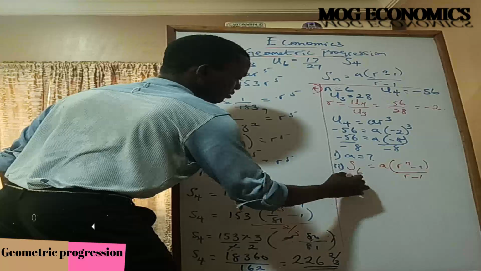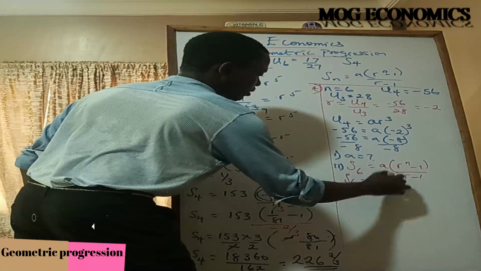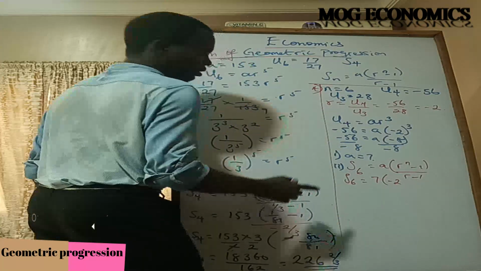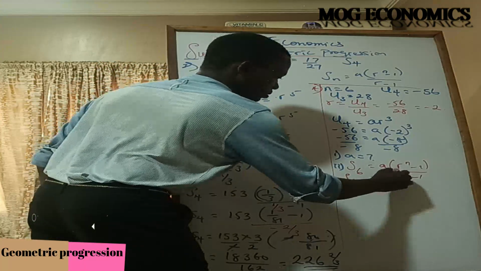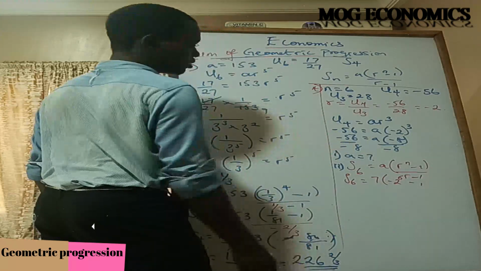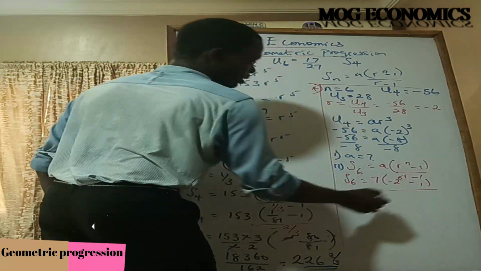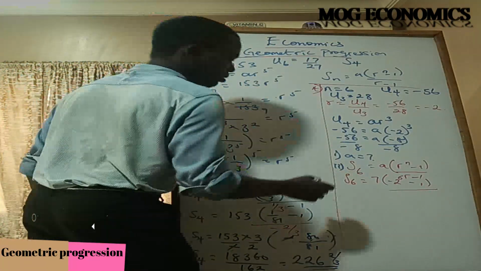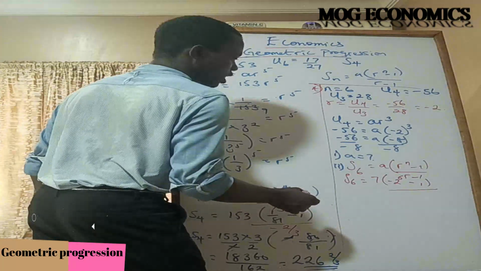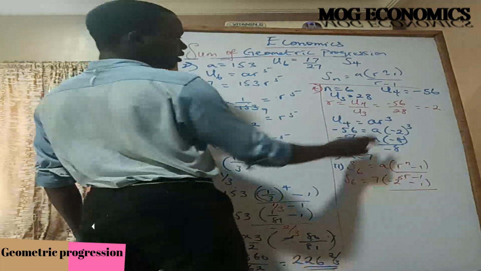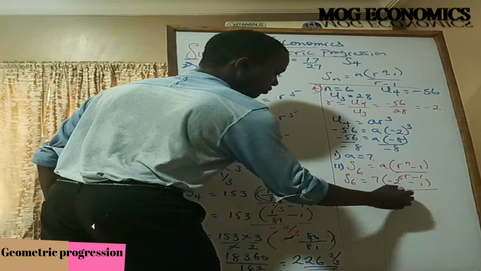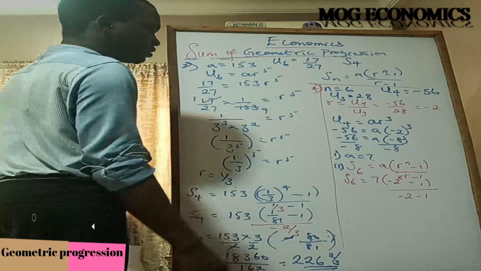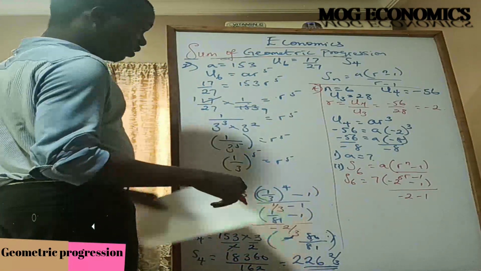So my S6 is going to be equal to A, which is 7, times bracket R, which is minus 2, raised to power 6, minus 1, over minus 2 minus 1. Okay, it's correct.